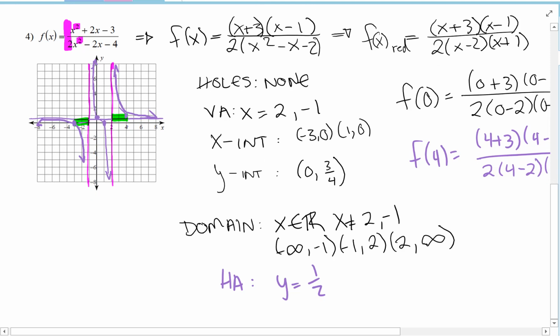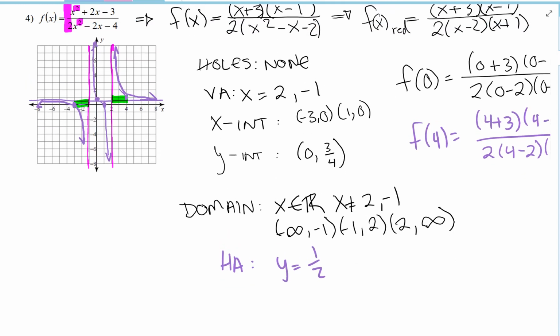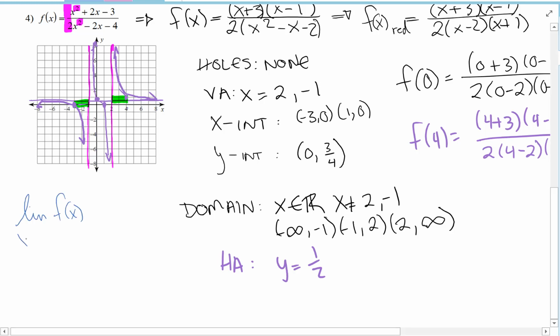Our last step is to write the limit notation of the vertical asymptote behavior. So that will be 4 statements, right? 2 per vertical asymptote. We want to say the limit of f of x as x approaches the first vertical asymptote, which is -1.